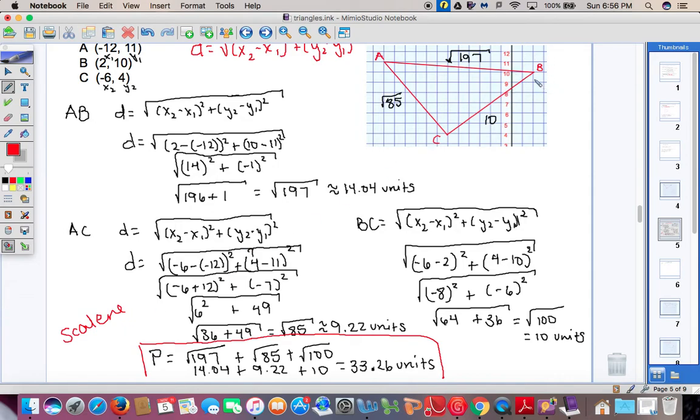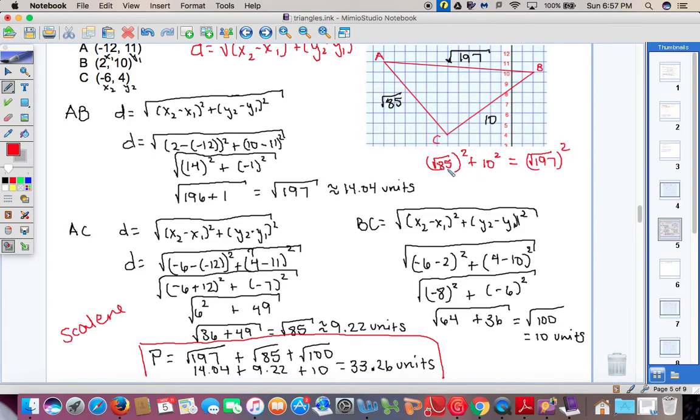We could also determine if this is acute, obtuse, or right by squaring our side lengths. Our smallest side length is the square root of 85. So we would say the square root of 85 squared plus 10 squared, what kind of relationship does that have with the square root of 197 squared?